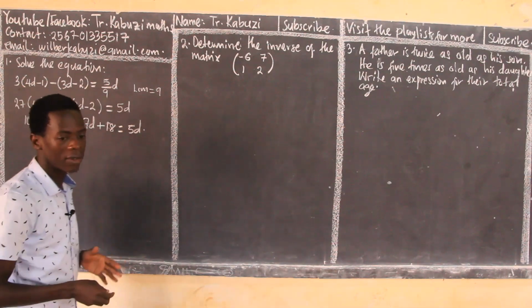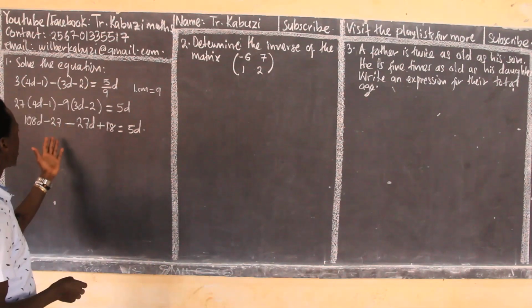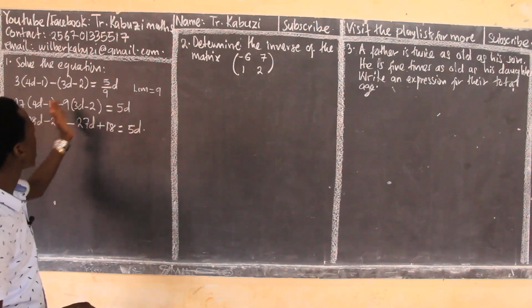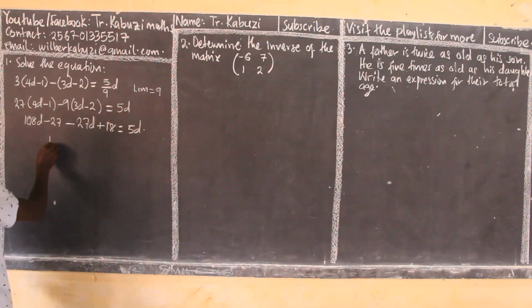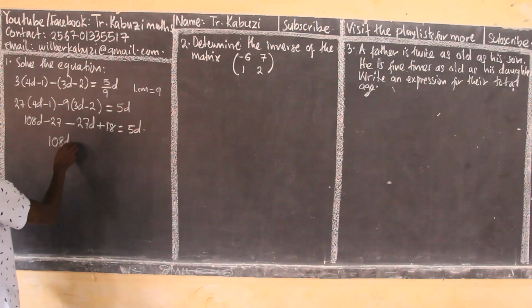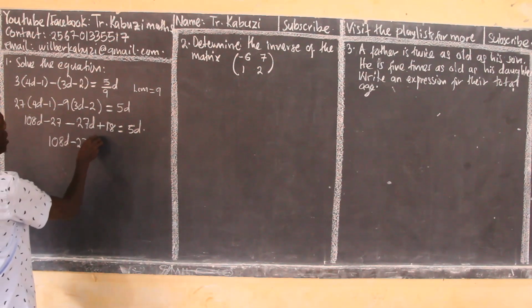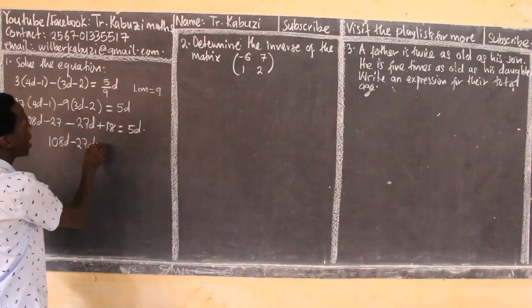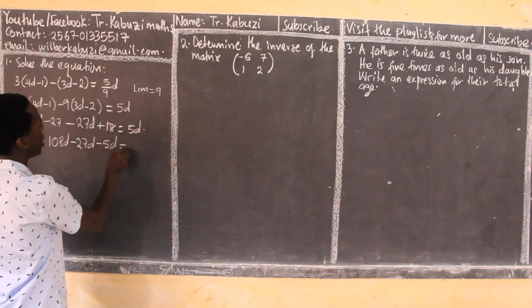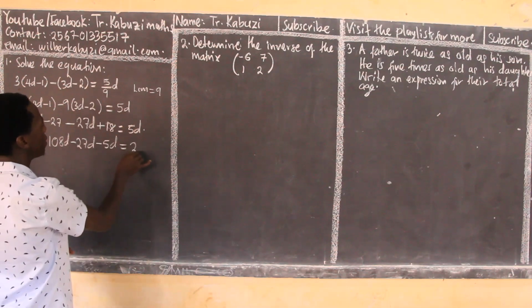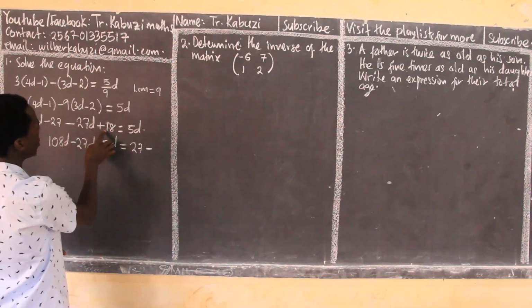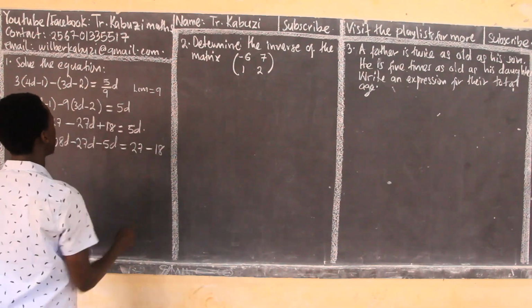The remaining thing here is collect like terms, by bringing the D's this side or the letters, then you take the non-letters or the figures that side. So here I'll be having 108D minus 27D. Then this will give us minus 5D equals, when I take this figure the other side, 27 minus 18.